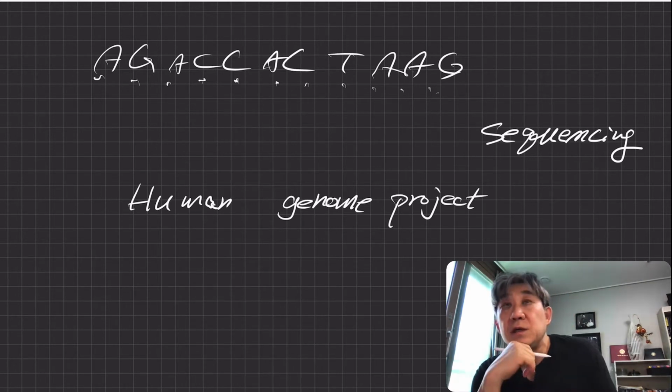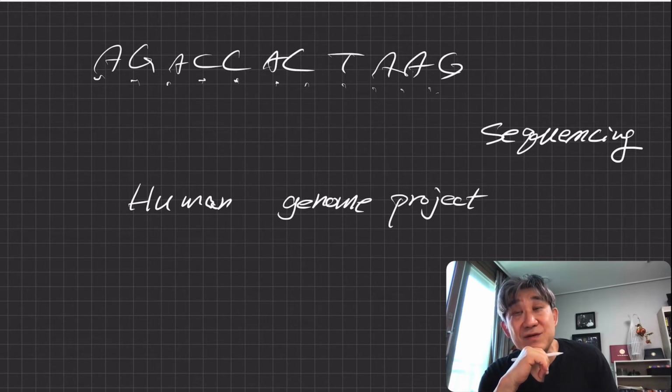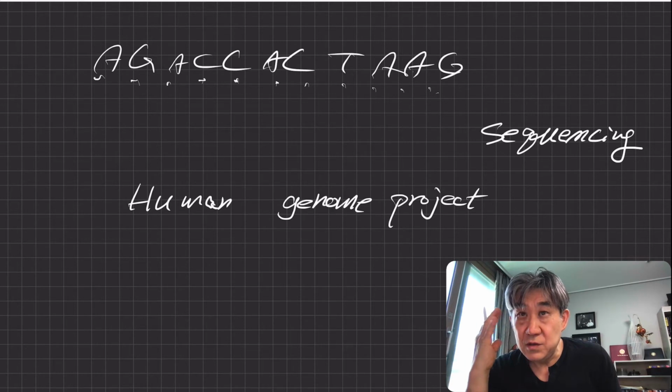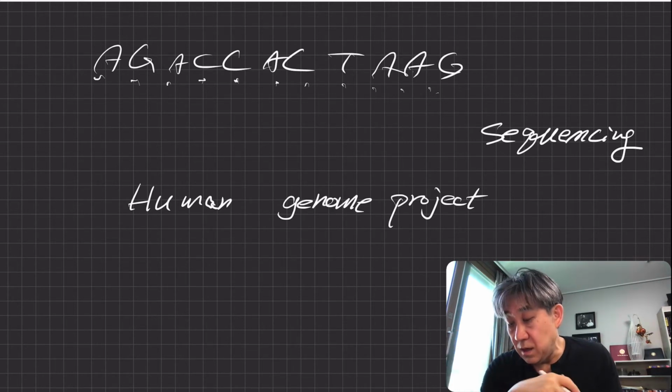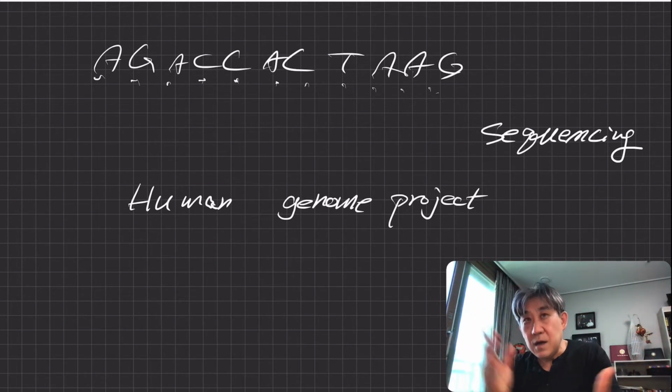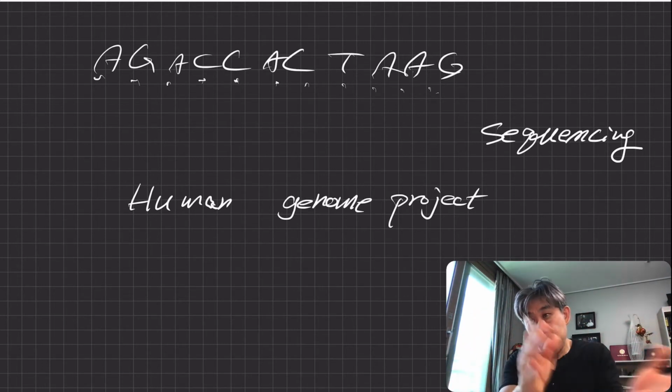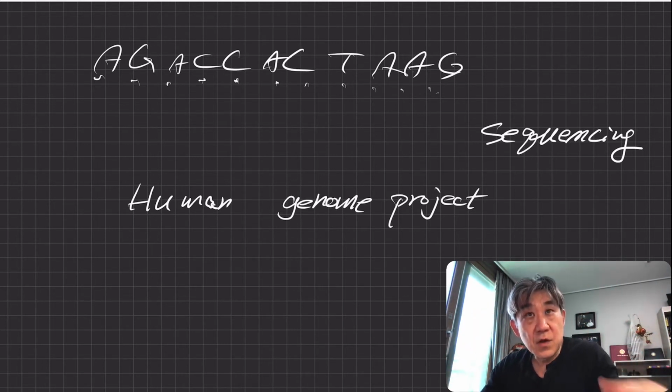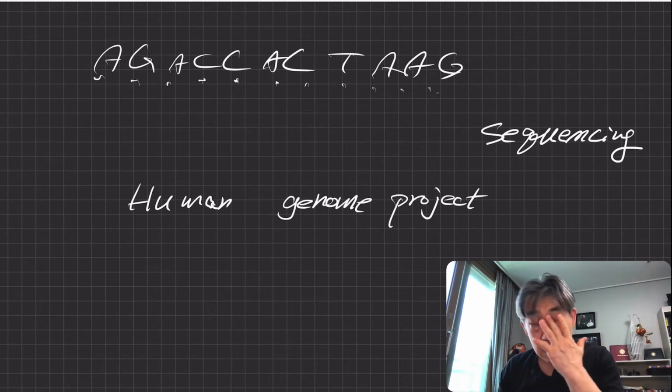was actually completed in the year 2000. It took 10 years at the time to complete. In the human genome project, one by one, we identified what type of DNA sequence we have as humans.